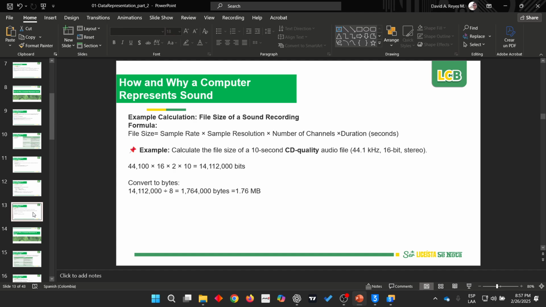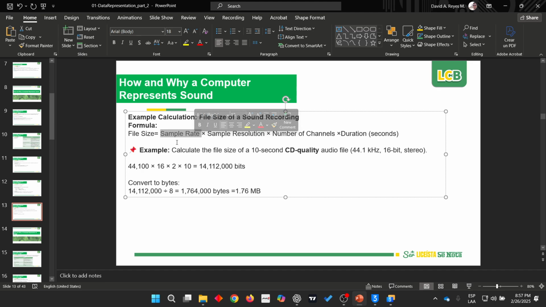Now, calculation. How to calculate the audio file size? You need the sample rate, that means how many samples you have in a second. You need the sample resolution, that means how many bits you are using in a sample.